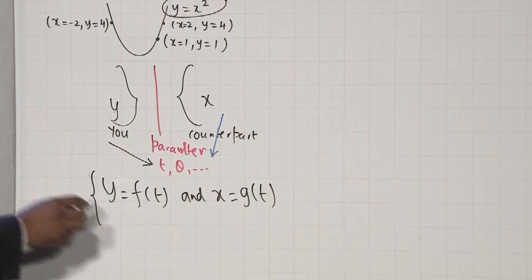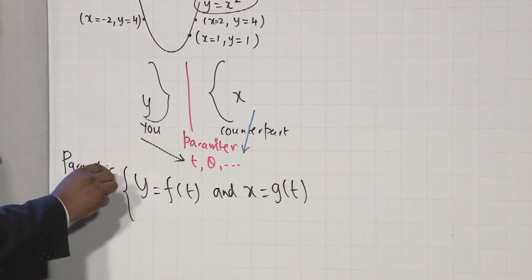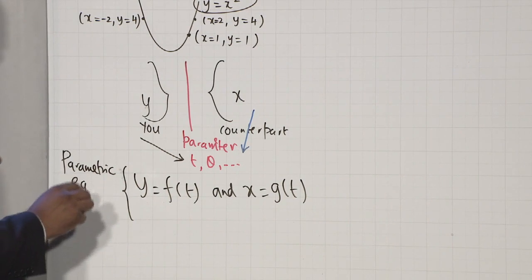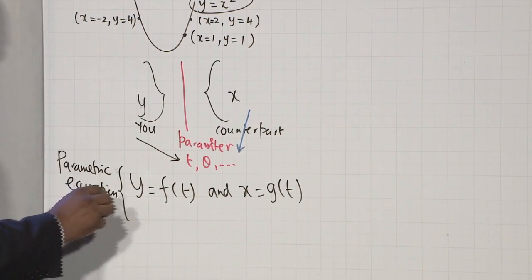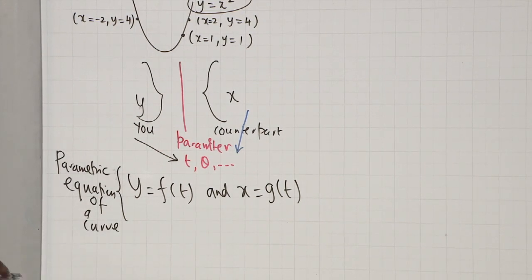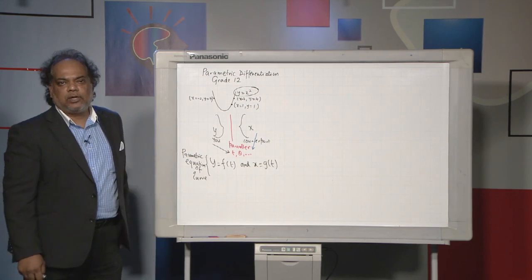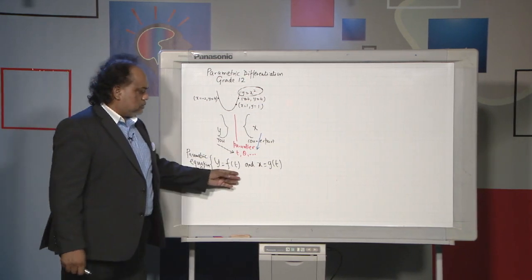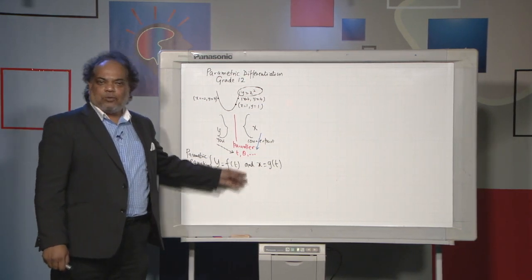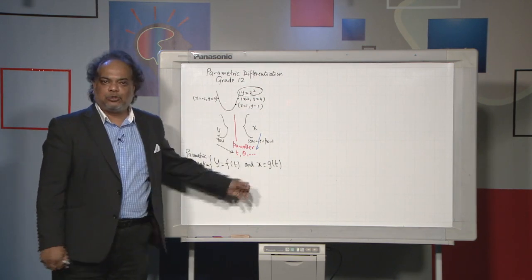This is called the parametric equation of a curve. Now, very often, when confronted with the parametric equation, students have a tendency to say, well, we had one nice equation of a curve, why split it into two?